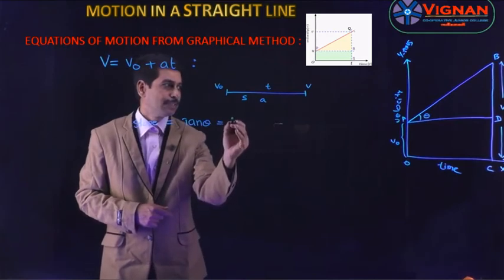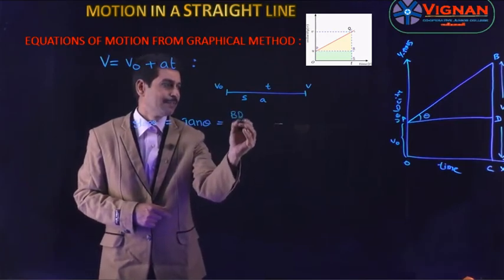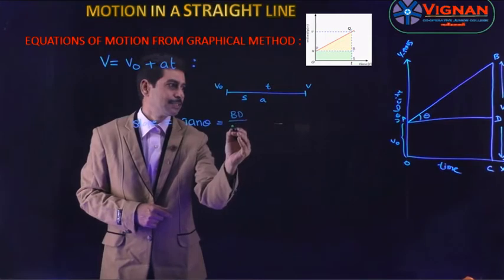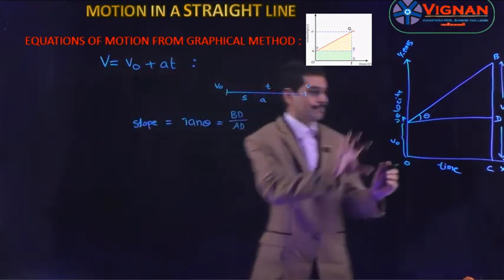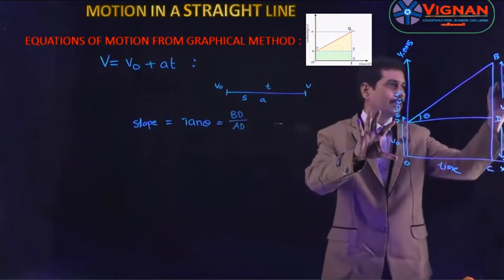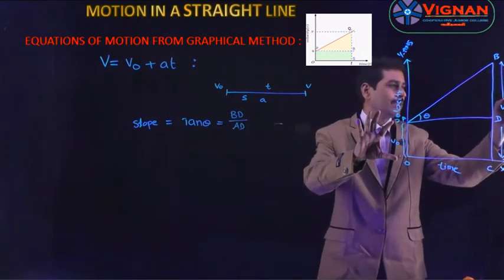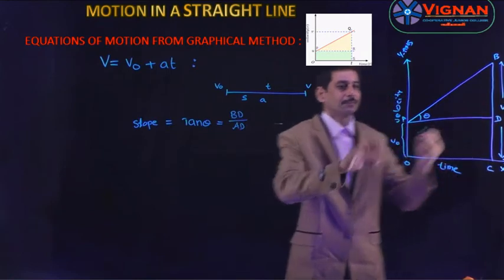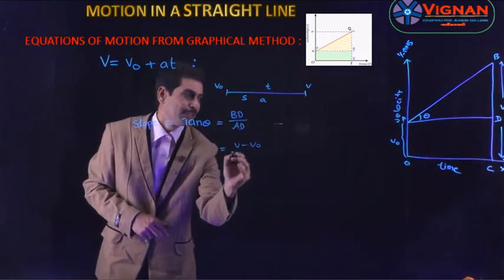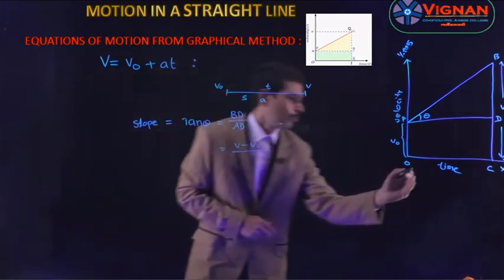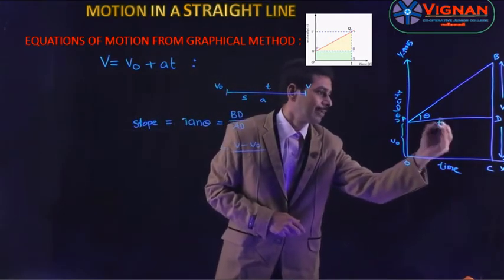The opposite side is BD and the adjacent side is AD. If this is V naught and this is V, then BD becomes V minus V naught, divided by AD. OC is equivalent to AD, which is time t.